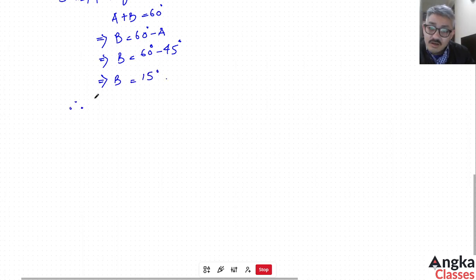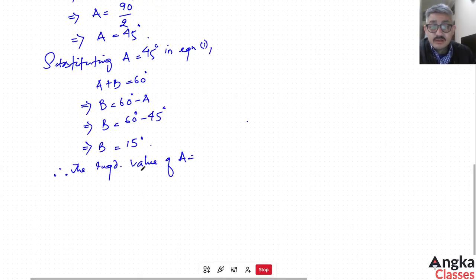So therefore, the required value of a is equal to 45 degree and b is equal to 15 degree.